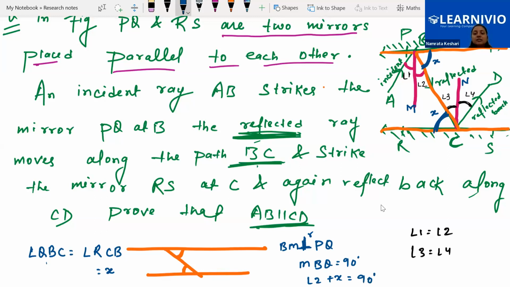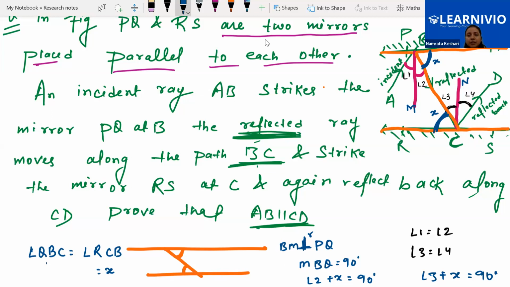Similarly, can we write that angle 3 plus X is 90 degrees? Yes or no? Everyone, please respond at first. Yes, ma'am. Now, can we say angle 2 and angle 3 are the same? Yes, ma'am. If angle 2 and angle 3 are the same, can we prove that BM and CN are parallel lines? Yes, ma'am. BM and CN are parallel lines.